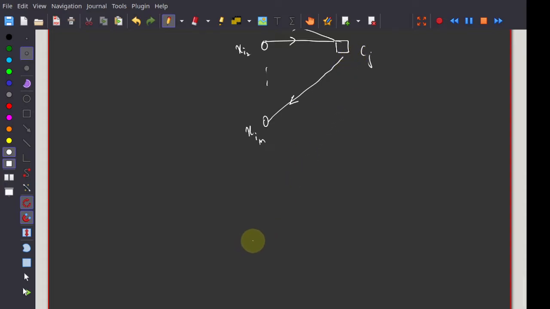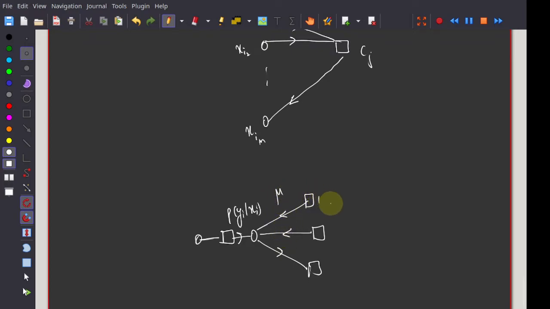This is the check node. You take the ith variable node, this p(yi given xi). But what about these messages? Maybe this is 1, 3, maybe this is v.